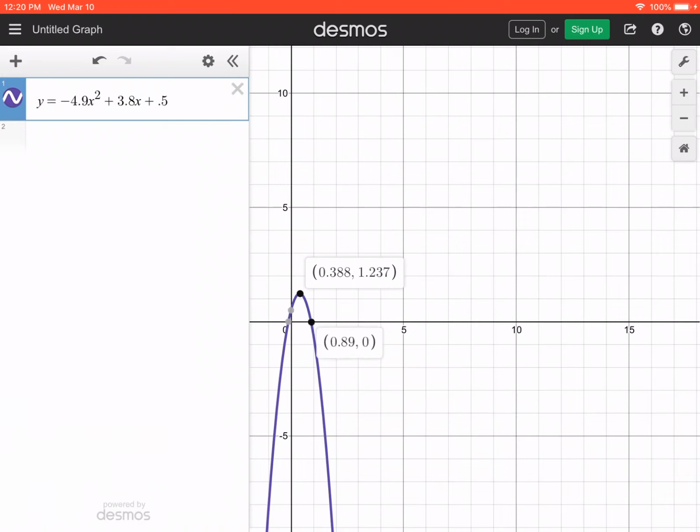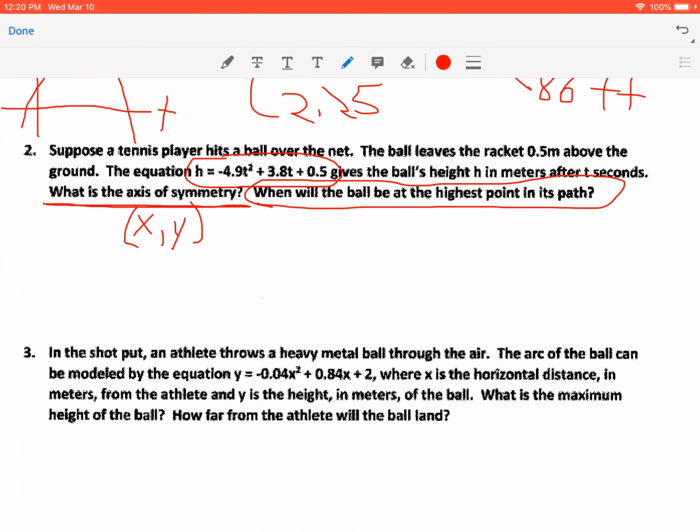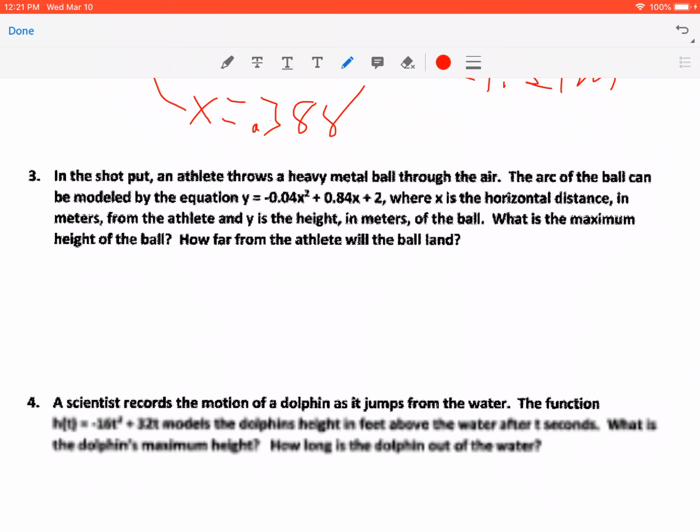If it said how many seconds did it take for the ball to hit the ground, that answer would be 0.89 seconds. It didn't ask that question, but it very easily could have. All right, so axis of symmetry on this problem was x equals 0.388. When was the ball at its highest point? 1.24 meters.